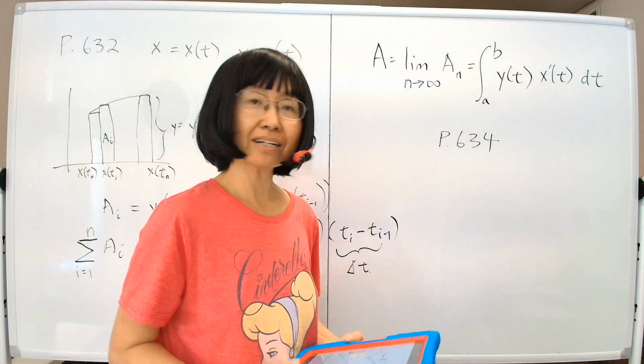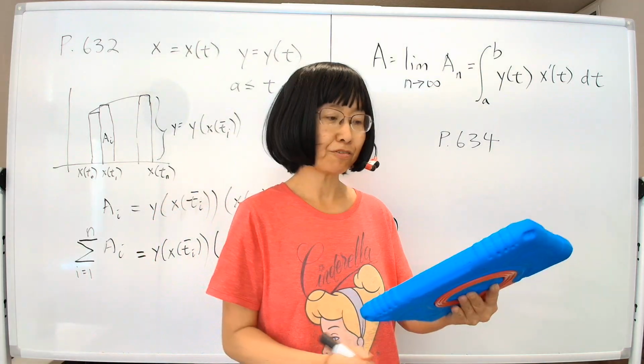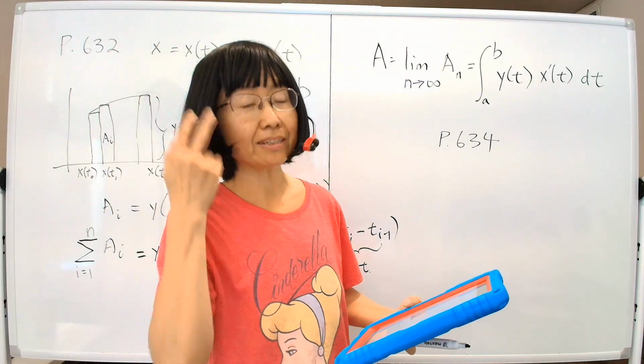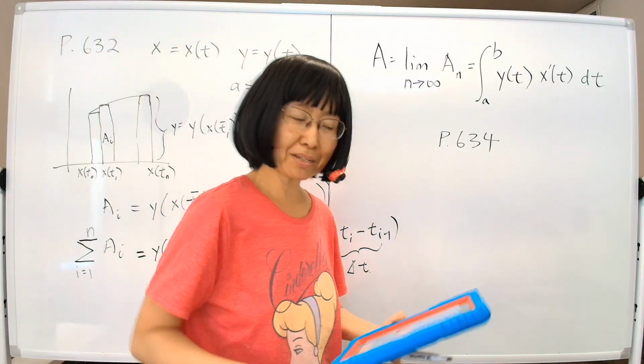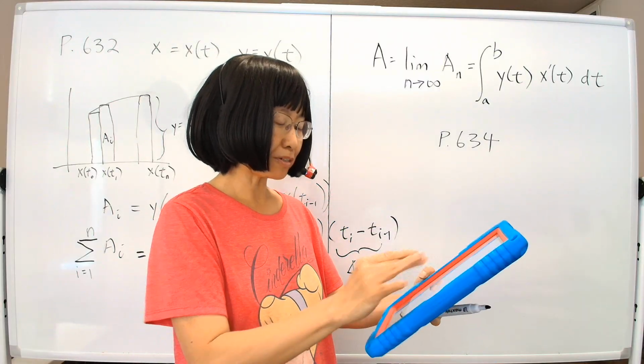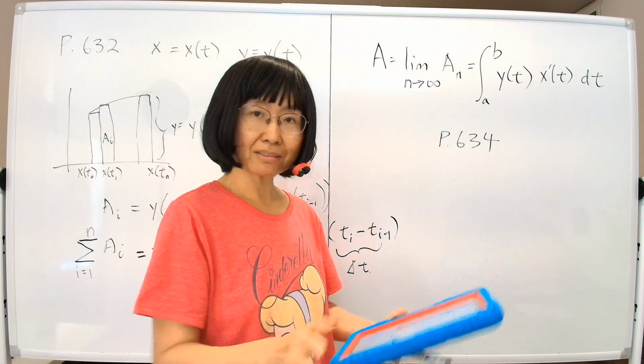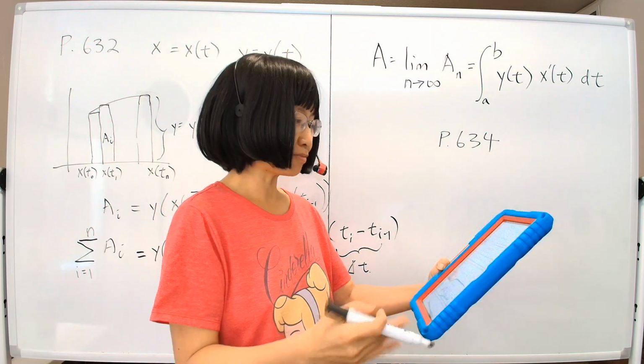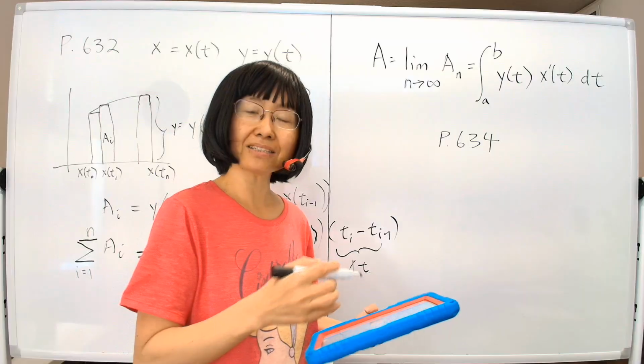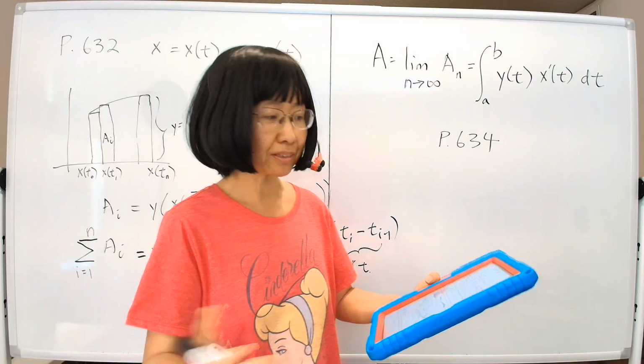Next, let's look at the arc length on page 634. The arc length is calculated exactly the same way as is done in Calculus 1, but we'll repeat this process. There's a slight difference because things are done parametrically, but the principle stays the same.